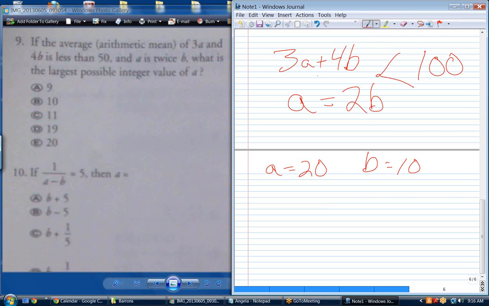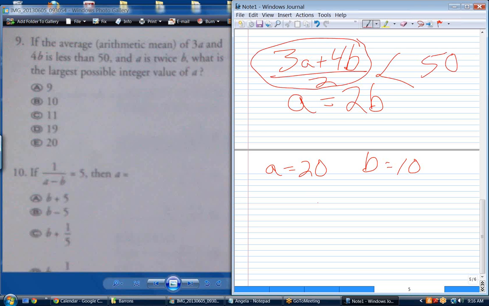Let's go up here and change this back to the way it was. So there's the average of 3A and 4B, and if A is 20 and B is 10, what is that average? Well, it's 3 times 20, so that's 60, plus 4 times 10 is 100, divided by 2, that average would be equal to 50, which is not less than 50.